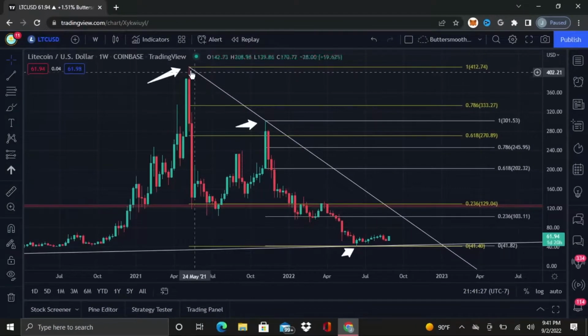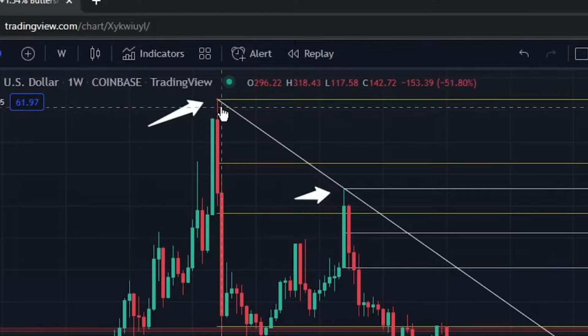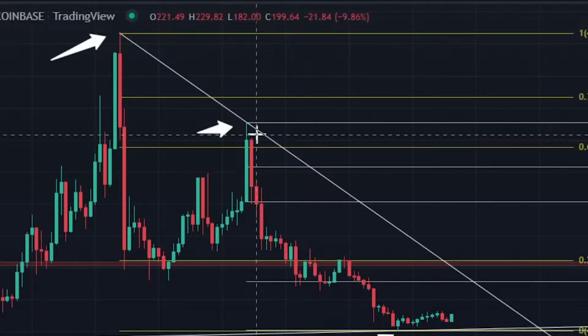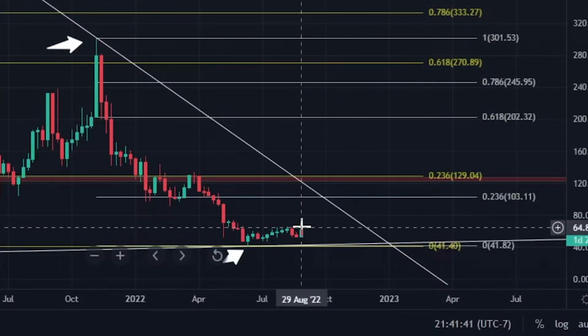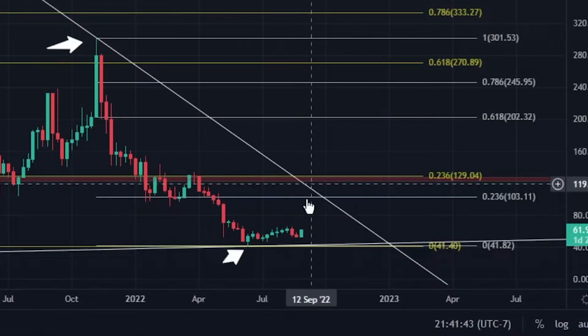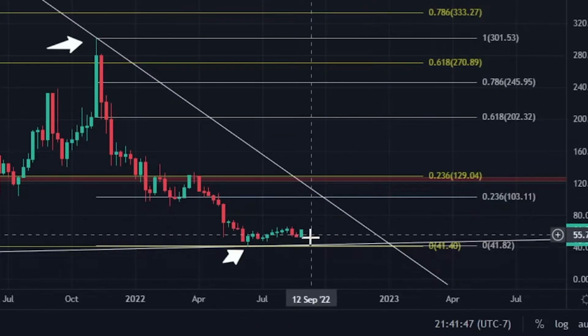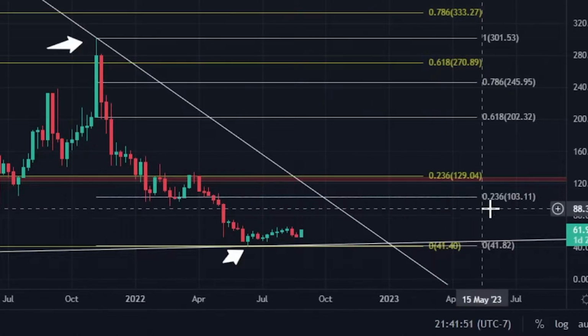We also have a trend line with our first touch point from the top of the swing high of the Fibonacci. Second touch point is with the second swing high that we have with the Fibonacci. And then I just have that extended out. So everything's just lining up pretty good. That's a big level of resistance when we start approaching that trend line, wherever and whenever we start approaching it.